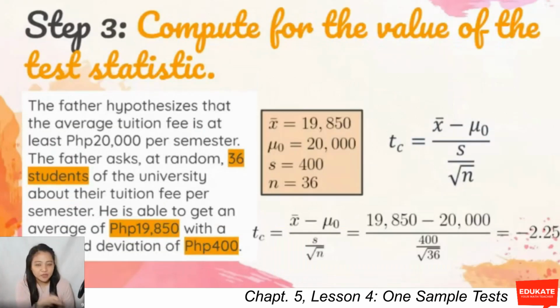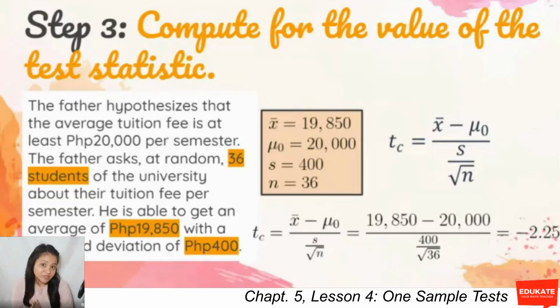The third step is to compute for the value of the test statistic looking at our problem. We can now identify the values of our variables. We have there the sample mean, which is 19,850. We have there the hypothesized mean of the population, which is 20,000 pesos. Then we have your sample standard deviation, which is 400.